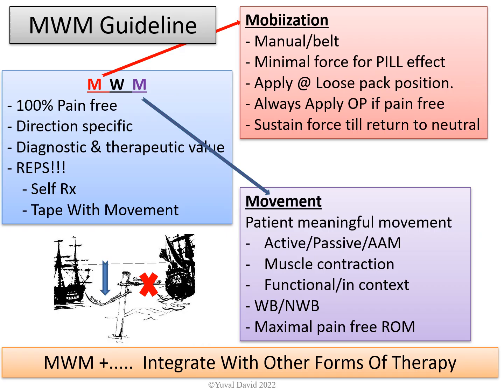Choosing a weight-bearing or non-weight-bearing position as relevant and tolerable, and try to get the maximal pain-free range of motion. We should remember that MWM most often are not a standalone technique, and they should be integrated with other relevant forms of physiotherapy as needed.